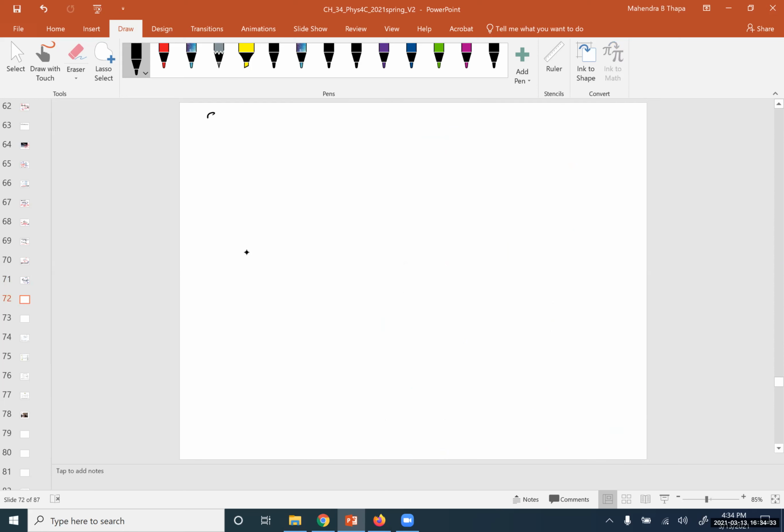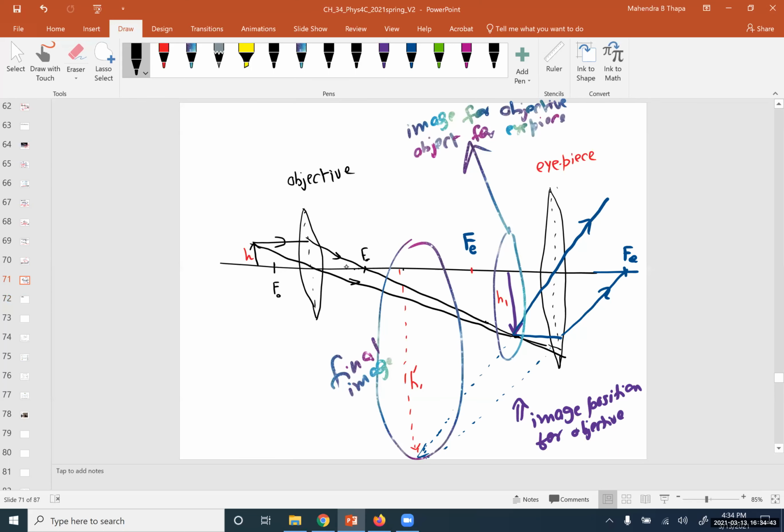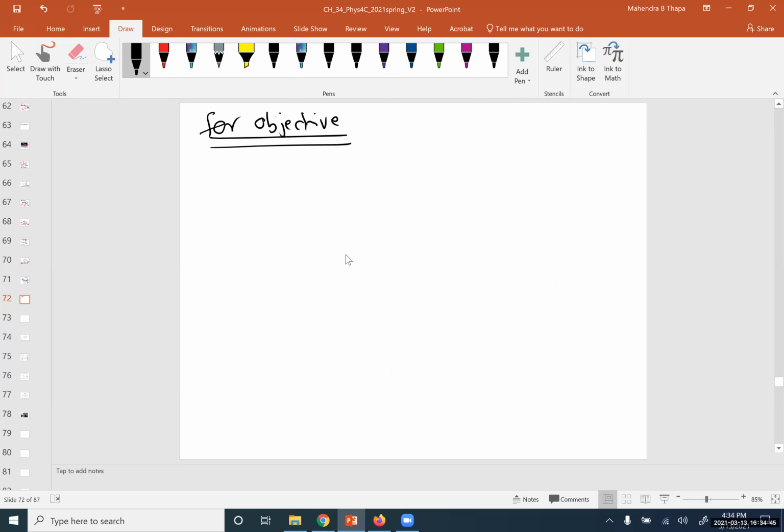So for the objective lens, you can use your lens formula: 1 over object distance plus 1 over image distance equals 1 over focal length.